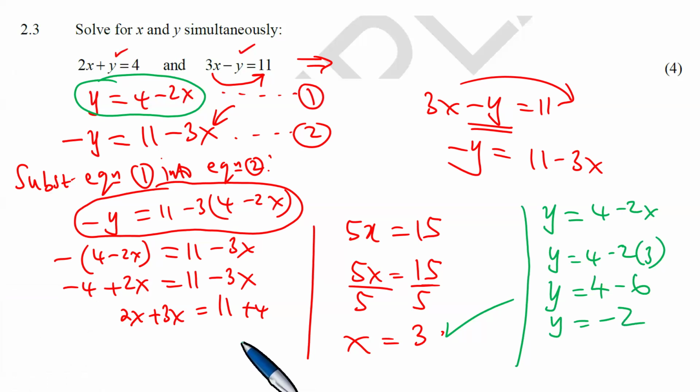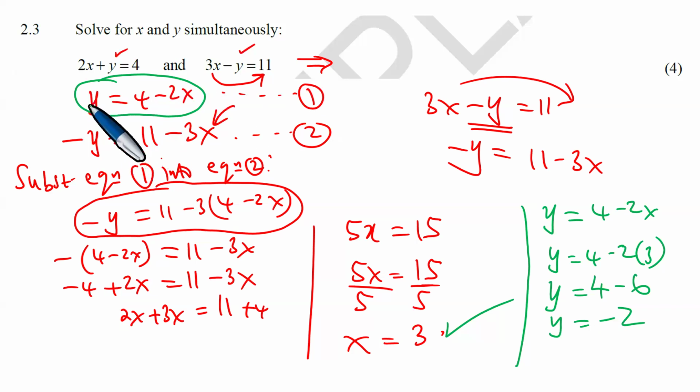Why do we put negative y into equation number 1? Yes, we can say equation 1, because in equation 1, y equals 4 minus 2x.